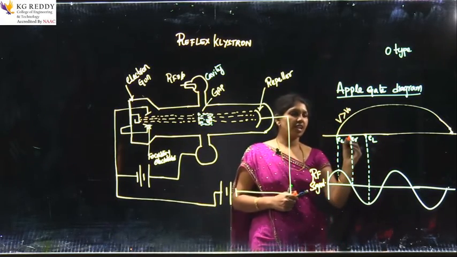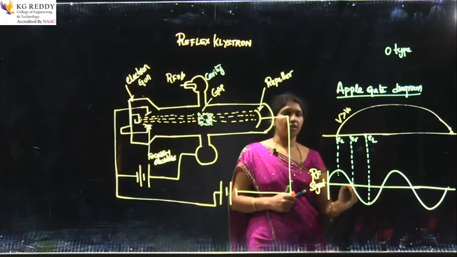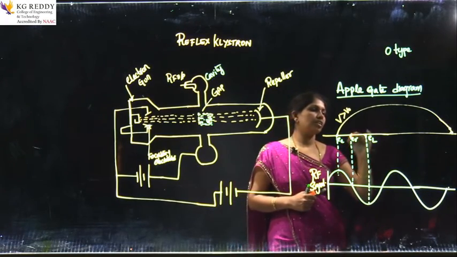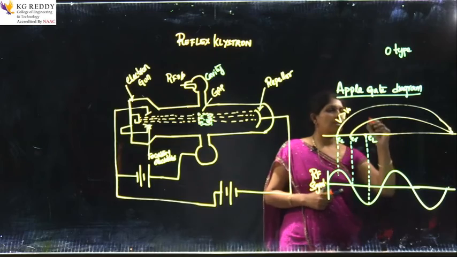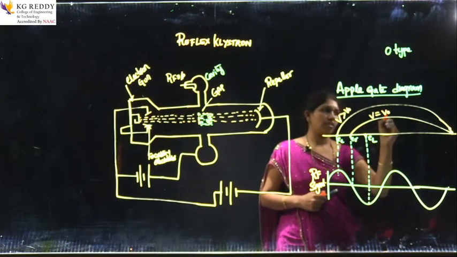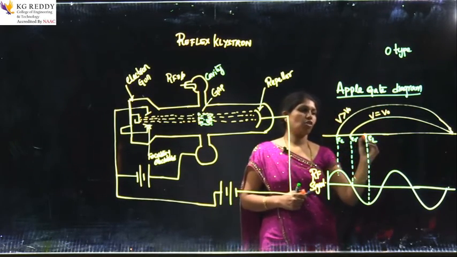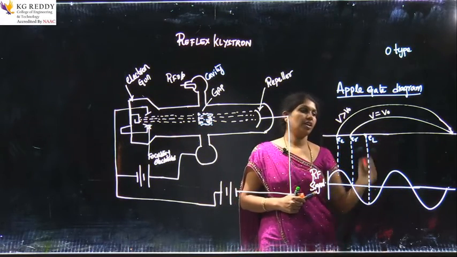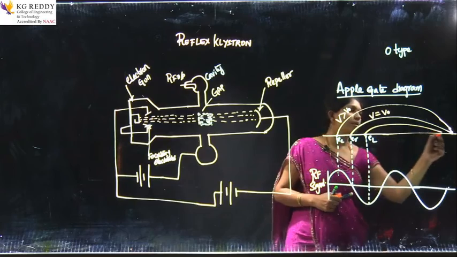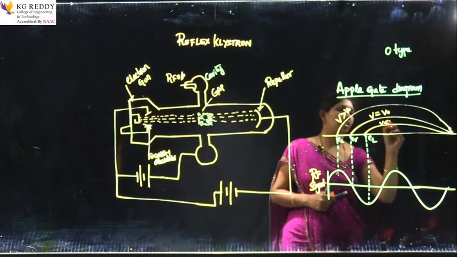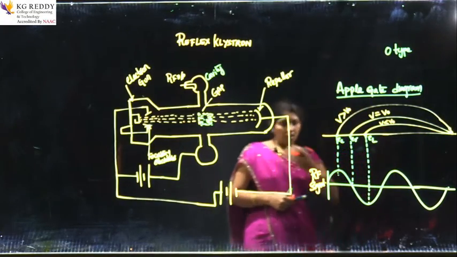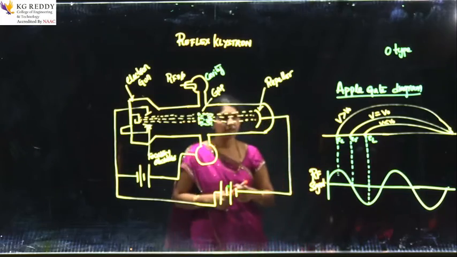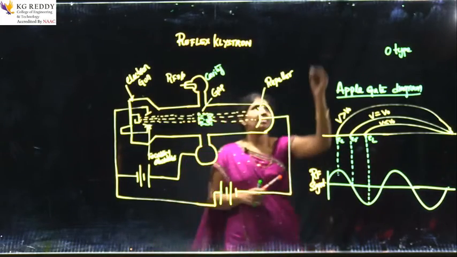The reference electron is subjected to the 0 RF input, hence it moves with the nominal velocity V equal to V naught. The late electron moves with less velocity because it is subjected to the negative RF input here. So it moves with velocity V less than V naught. So, this is the conclusion.